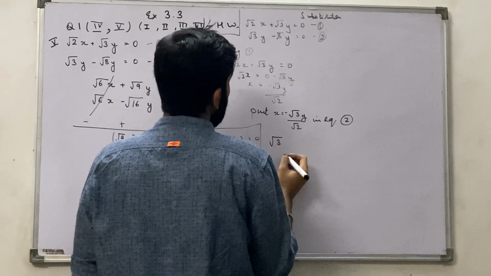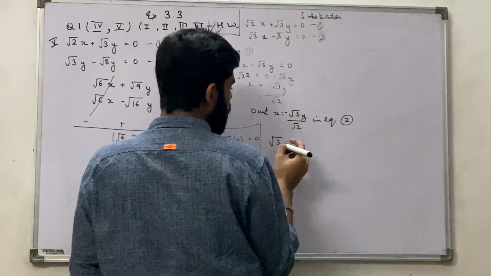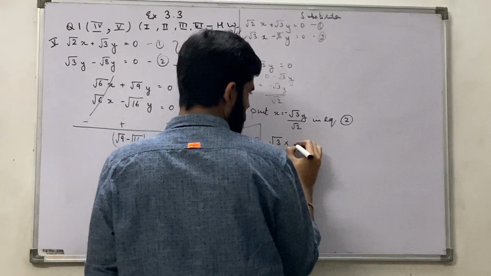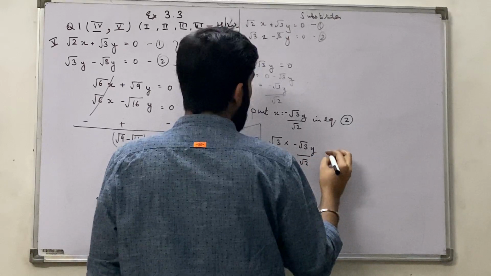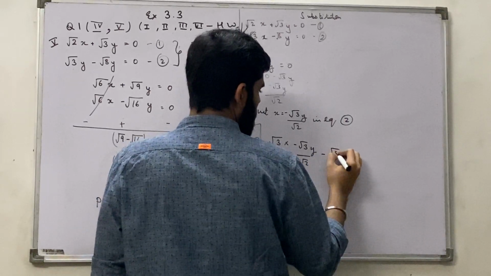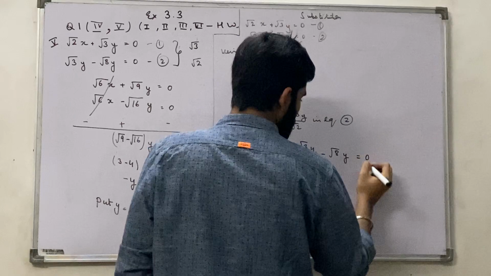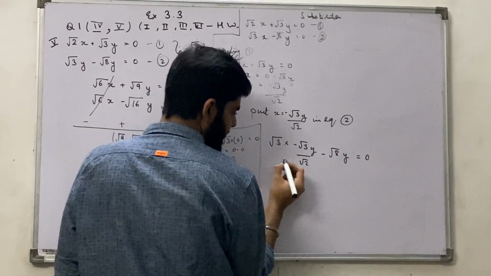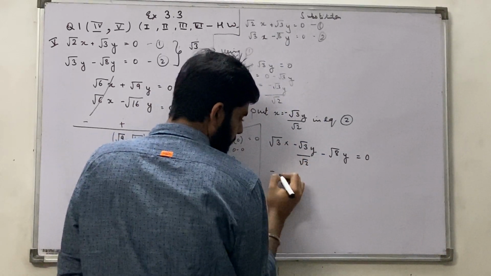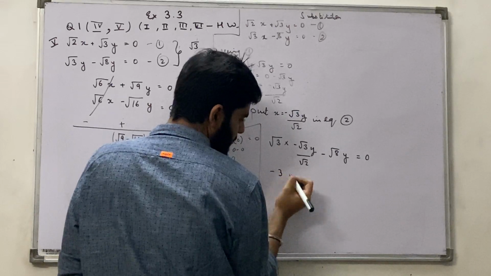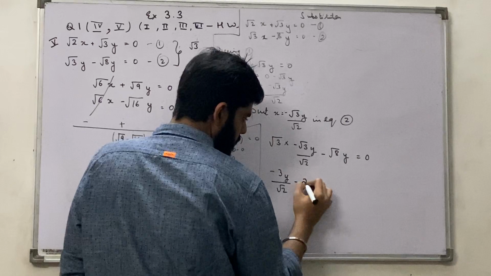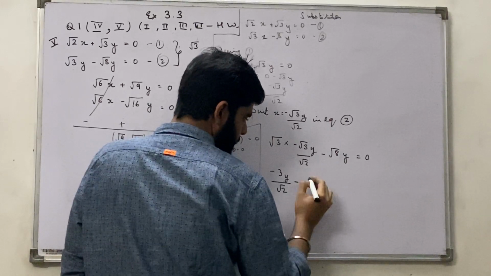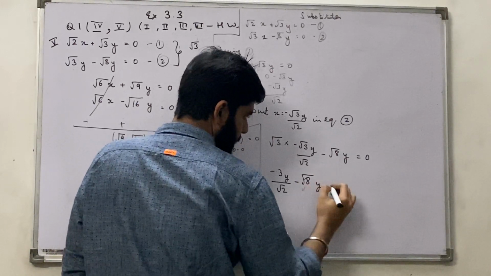Root 3 into minus root 3y by root 2 minus root 8y is equal to 0. Now when we multiply these, this comes out to be minus root 9, and root 9 is 3, upon root 2, minus root 8y is equal to 0.